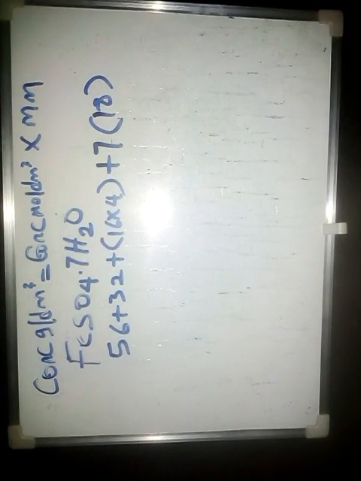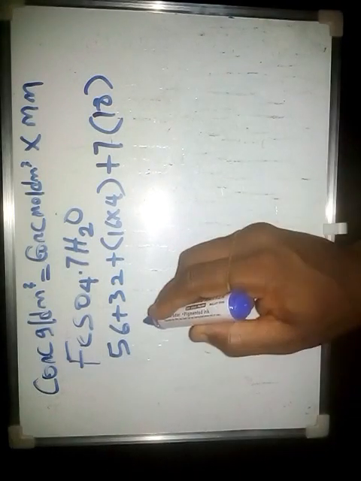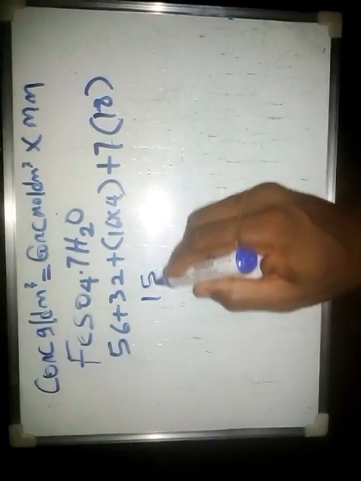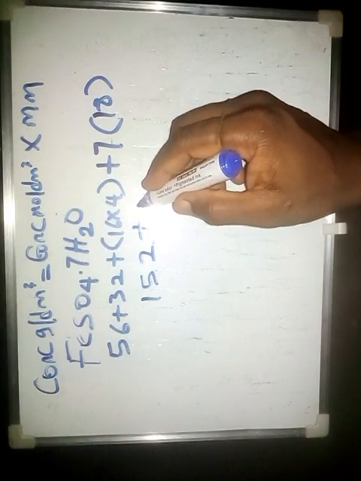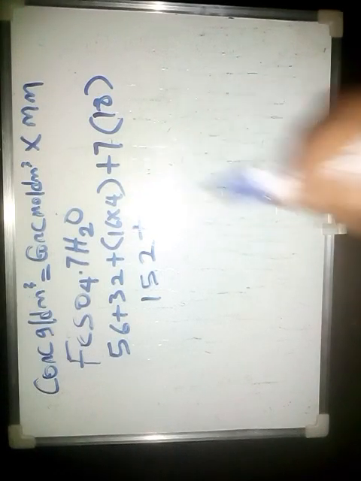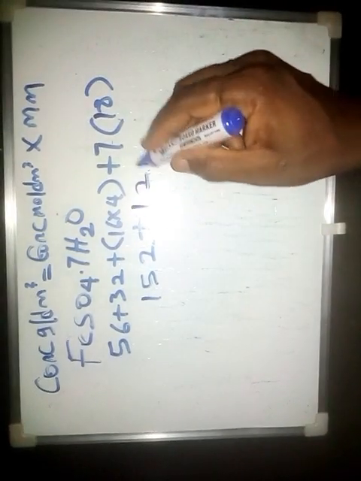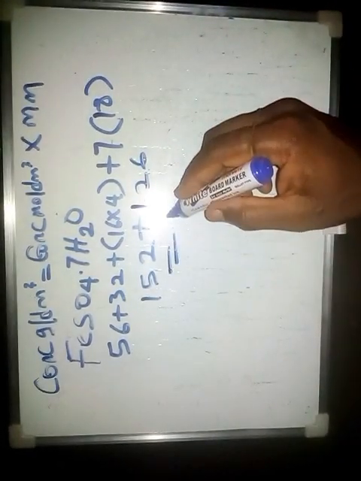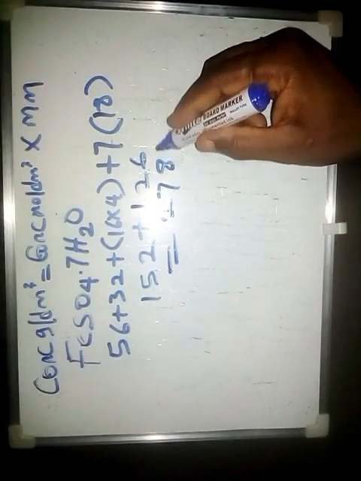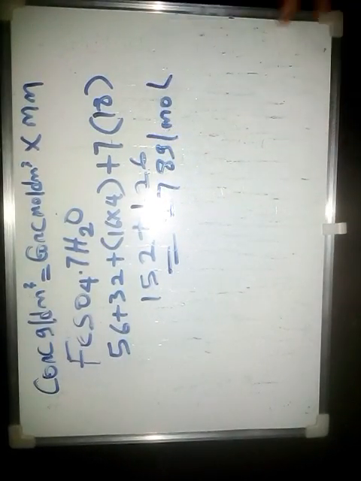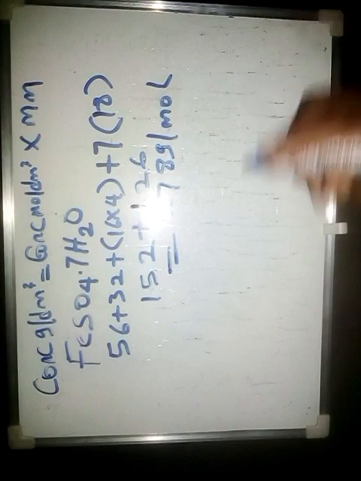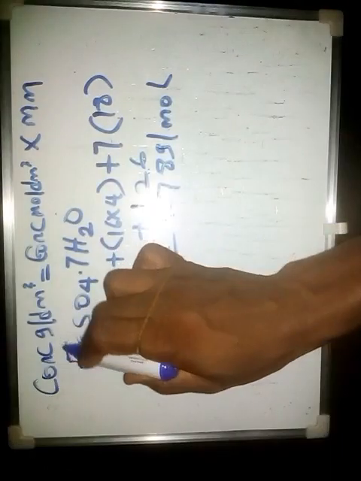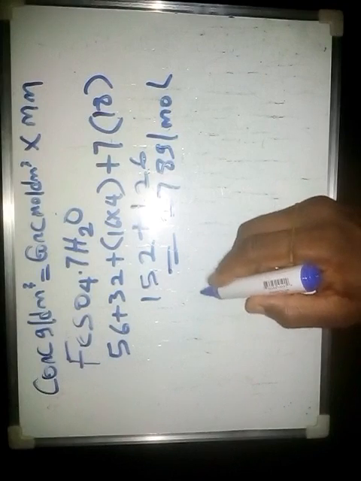So when you do everything, this will now be 152 plus 126. Everything will now be 278 gram per mole. So this is the molar mass of FeSO4.7H2O. So to calculate the gram per dm cube, I'll just slot in the values.